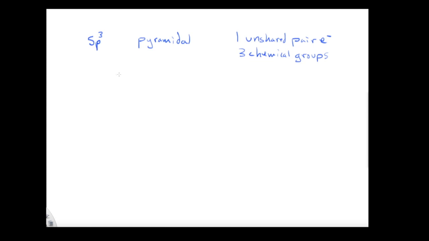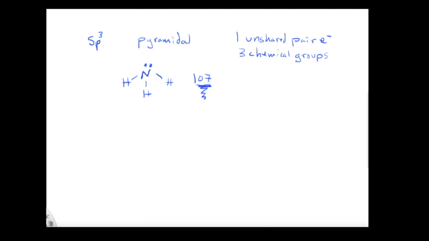The quintessential example is ammonia, where we have one unshared pair of electrons and then 3 chemical groups around it. You can see when we count up, we have 1 bonding unit here, 1 there, 1 here, and then the unshared electrons. So this is sp3, pyramidal, and the bond angles are going to be around 107.